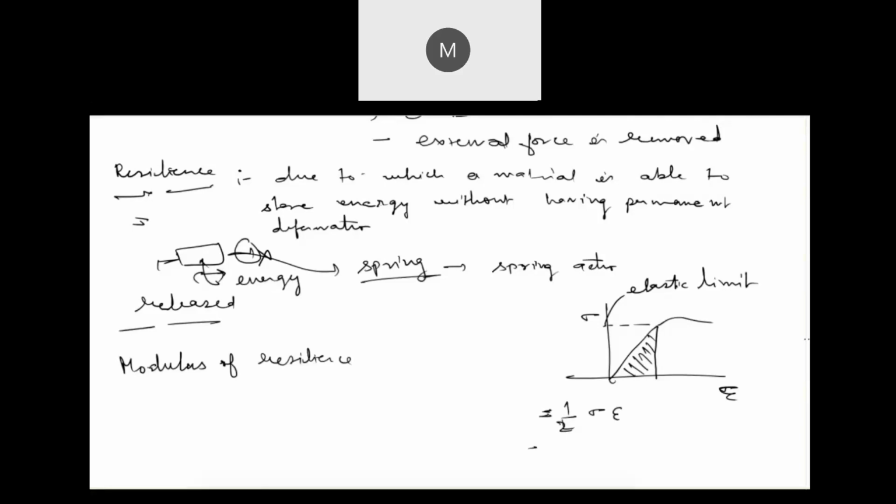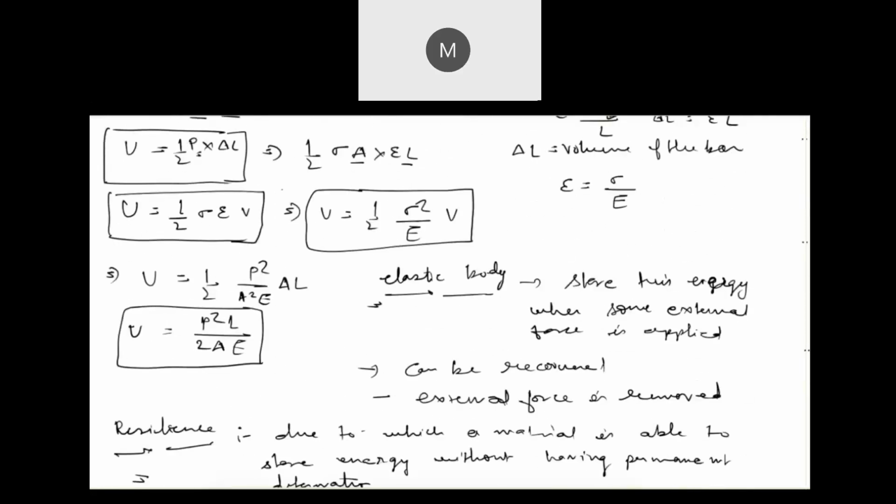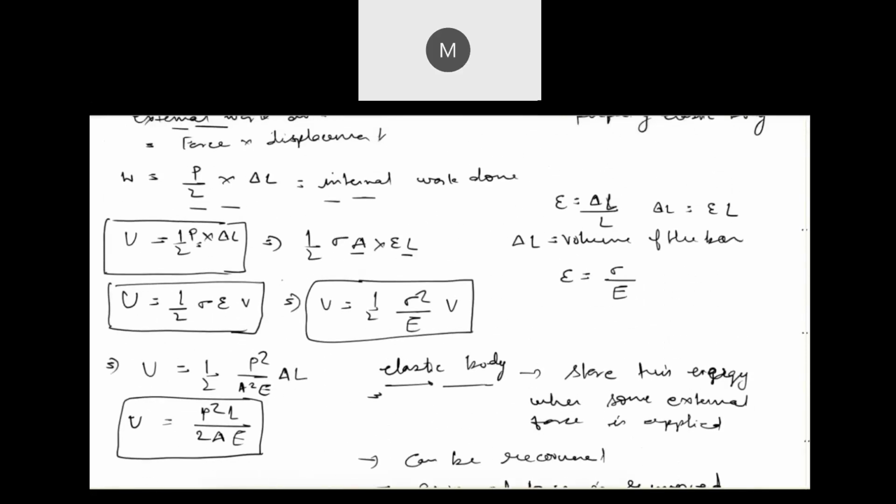That is the strain energy per unit volume, because earlier we defined strain energy as this half sigma epsilon into volume. So here we can say this is the strain energy per unit volume, and this strain energy per unit volume is nothing but the modulus of resilience.